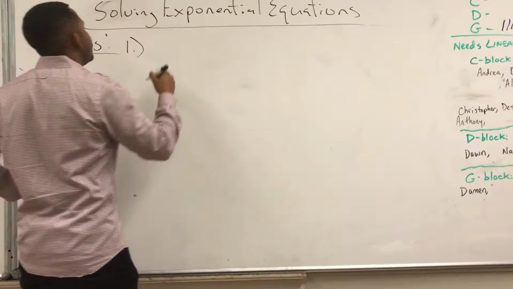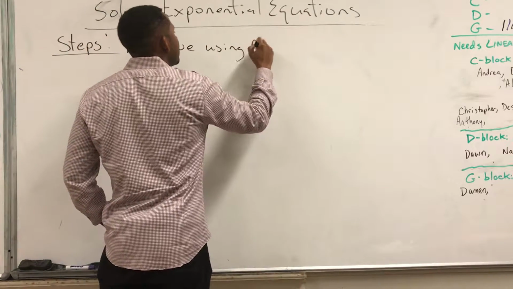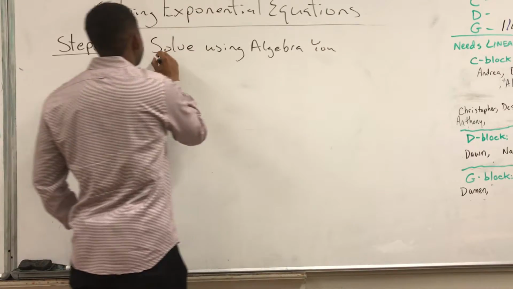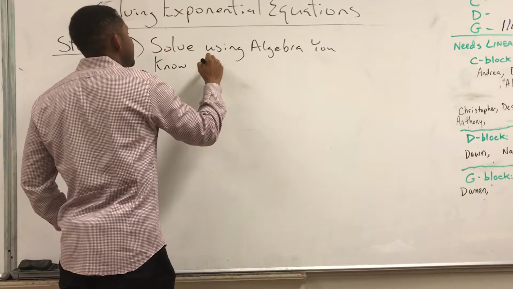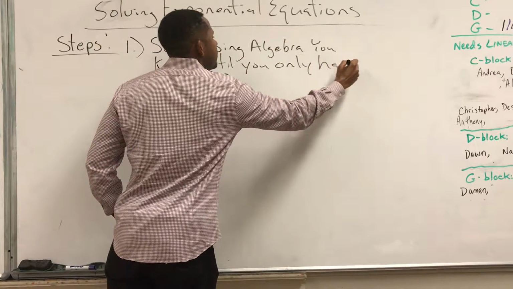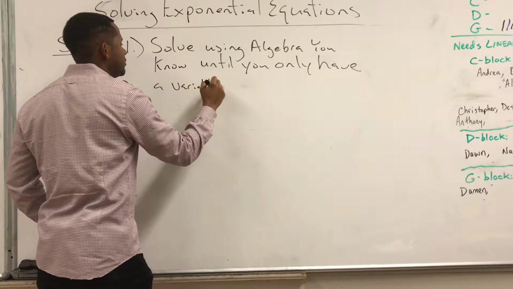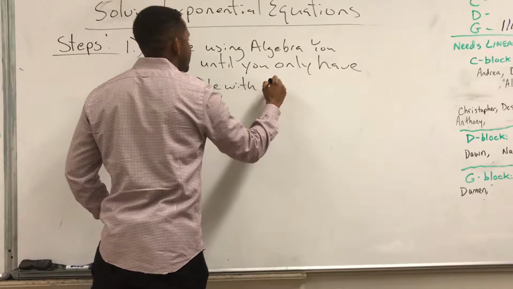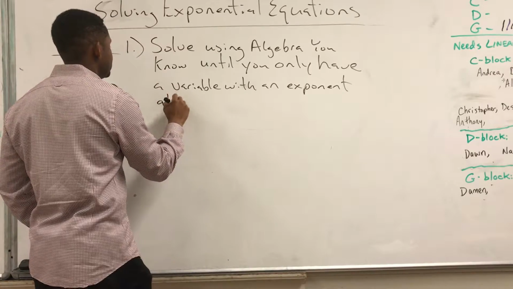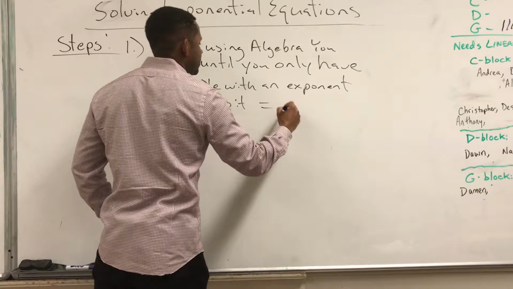The first thing you're going to do is solve using the algebra that you know until you only have a variable with an exponent attached to it, equaling some number.